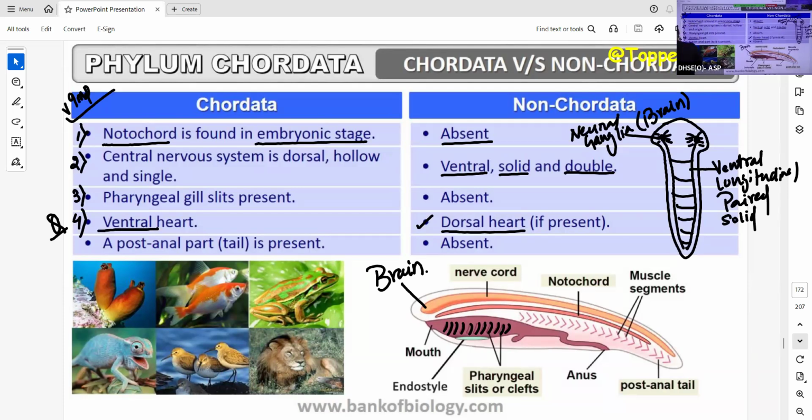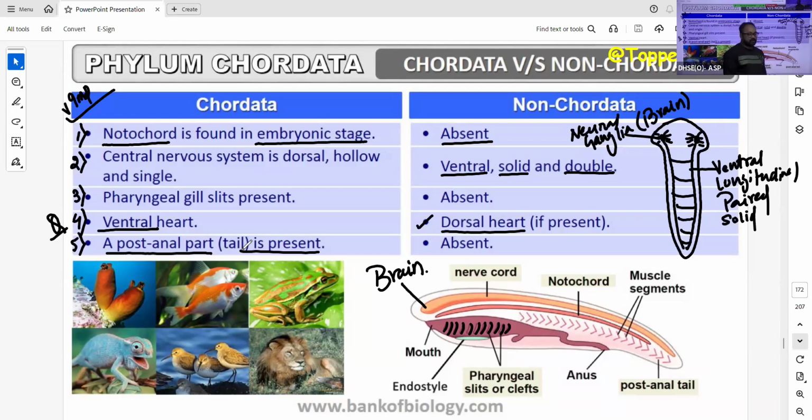Then post-anal part or tail is present either in the embryonic stages or in the adult stages, persistent throughout life. In some organisms the post-anal tail is present in the embryonic stages. In certain cases, it may be present even in adult stages and continue throughout life.